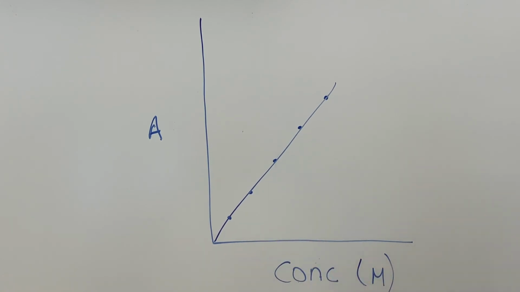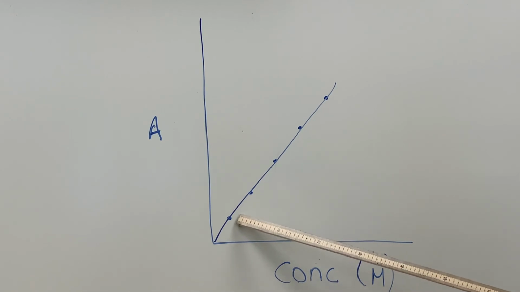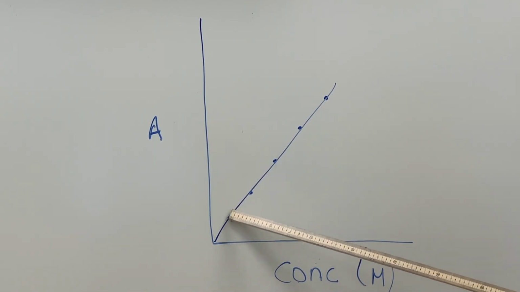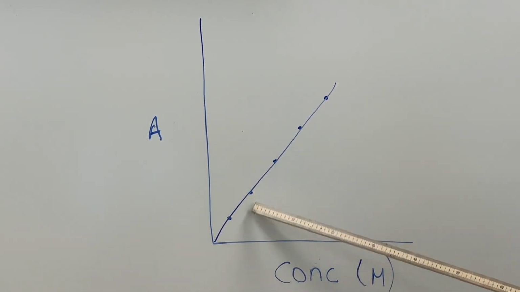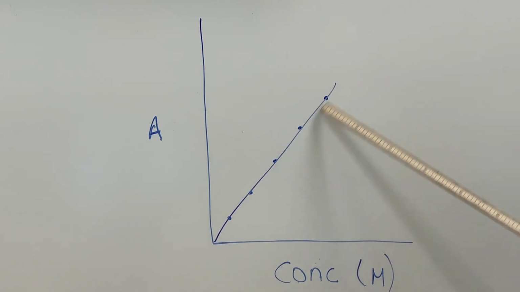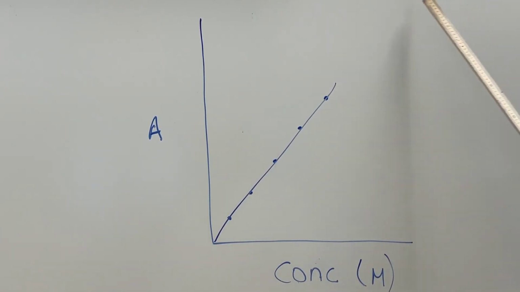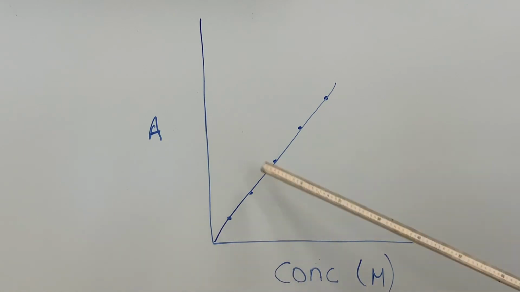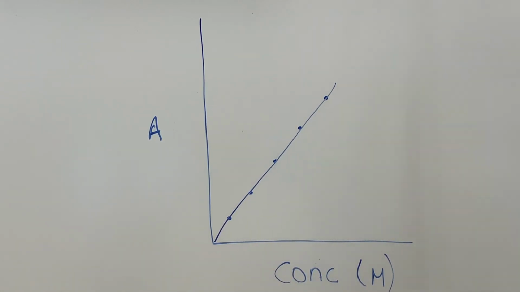I'm just going to call these solutions 1, 2, and 3, and so on. In the lab experiment, you will calculate what those concentrations are ahead of time, and then plot the absorbance compared to the concentration. Here, you want to draw the best straight line. Don't just connect the dots.